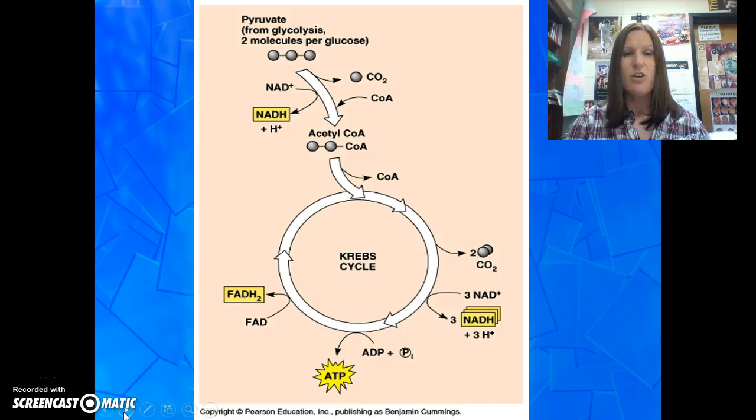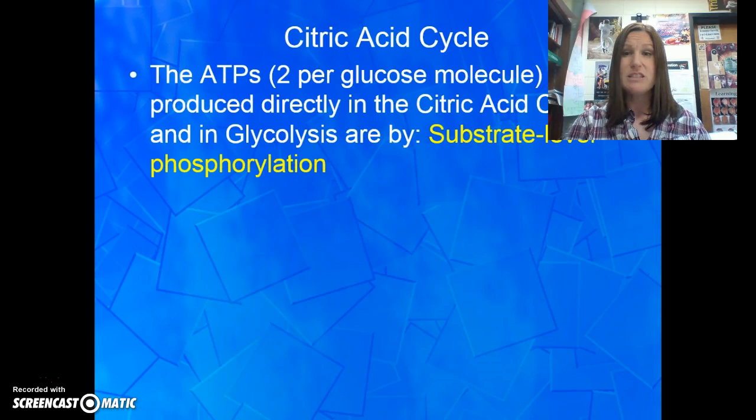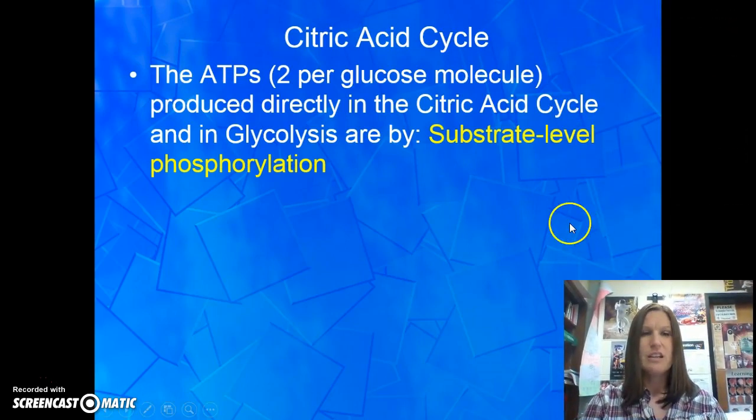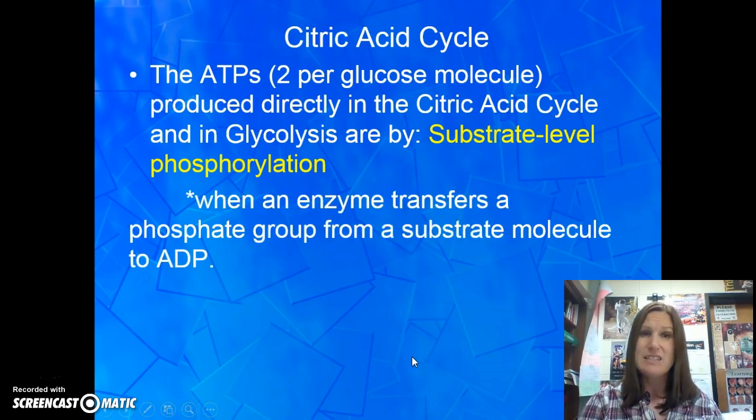So what do you need to know? I like this one because it keeps it short and sweet, where you can see exactly what is released and what is produced. Remember, on the citric acid cycle, the ATPs, those 2 per glucose molecule, are produced directly in the citric acid cycle, and in glycolysis, they're produced by substrate-level phosphorylation. And what is that? That's when an enzyme transfers a phosphate group from a substrate molecule to ADP.